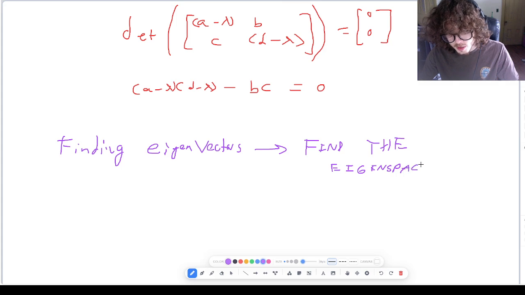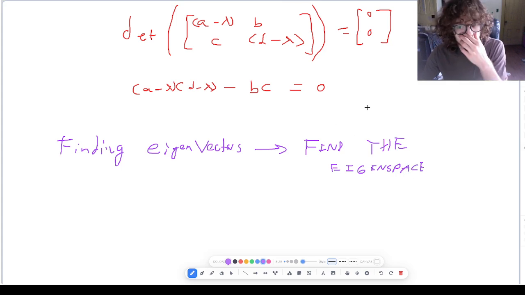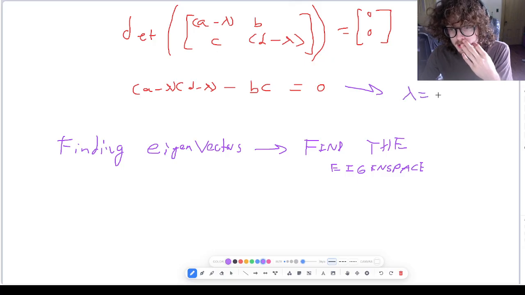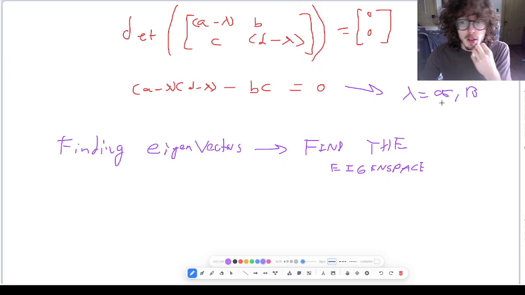And this is actually quite easy. What we're going to do is find some lambda here. And lambda will equal, let's say, alpha and beta. You'll typically find something like 2, 3, 4, whatever. Let's say lambda is alpha, beta.